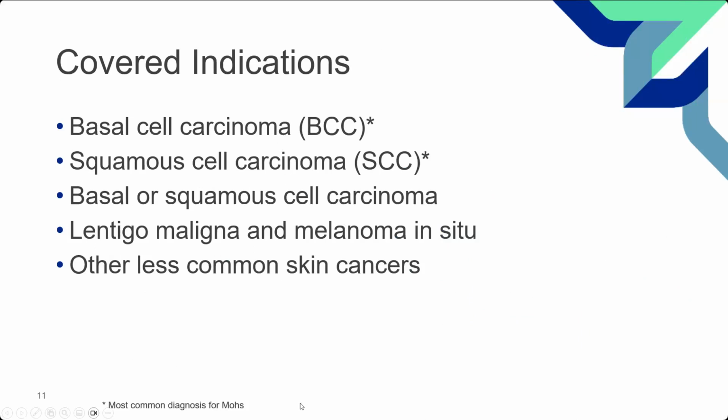Again, these are the two most common, but I do encourage you to please go back to the LCD and that local coverage article and make sure that you are documenting the indications appropriately, and make sure you are checking that extensive list in the local coverage article of the diagnosis codes and make sure that it is being reported for a covered diagnosis as well.